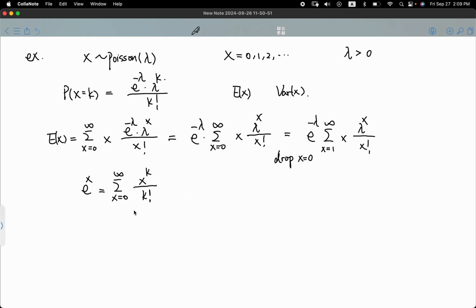As you can see, this term is very similar to what we have here. So our next step is to figure out one way to rewrite this term so that it looks similar to that, and then we can replace it with e to the power of x for that change.